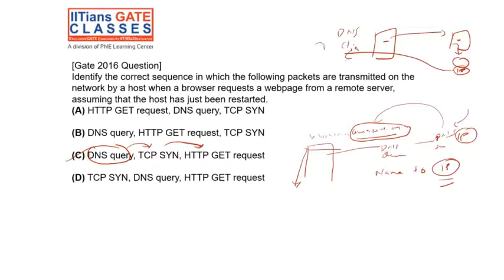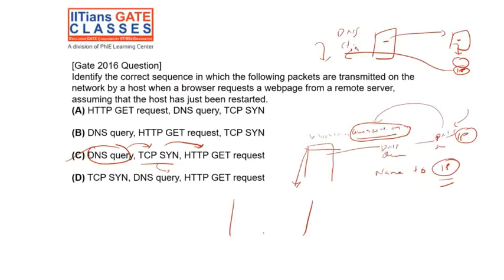Now, we got the IP. Again, which sequence do we follow? TCP SYN, which is part of the transport layer. What we need to do is connection establishment. That's why we use SYN.